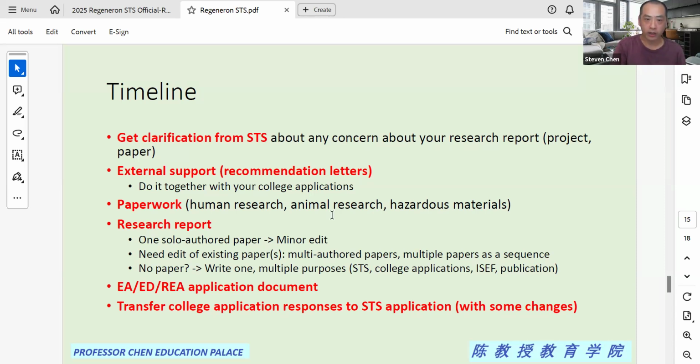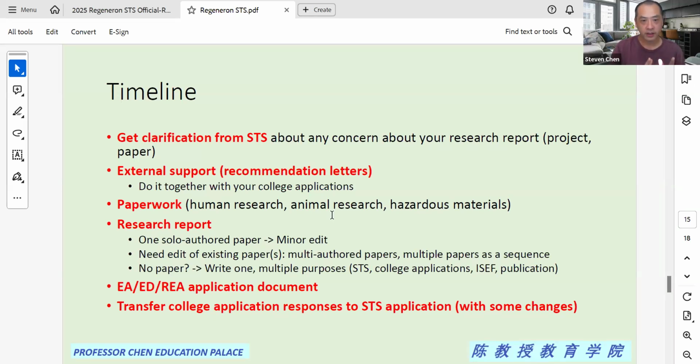So for your research report, it's not a good idea to send a whole paper, but you need to rewrite it by extracting the component that you did in this paper, and also use additional space in the application form to clearly explain your contribution in this paper and why you make such contribution and why your contribution was significant and original and innovative. Okay, so this is something you have to do when your paper is with multiple authors. Sounds good?